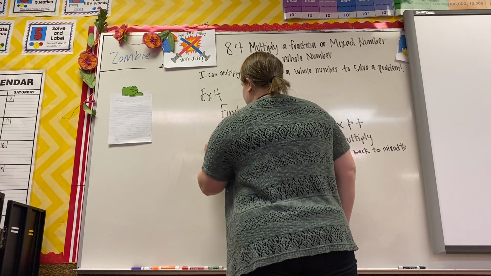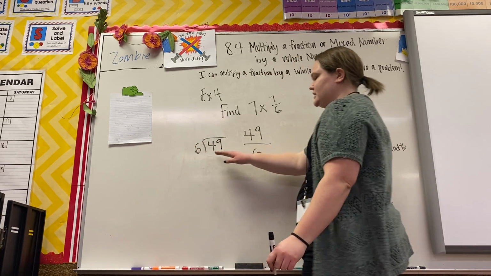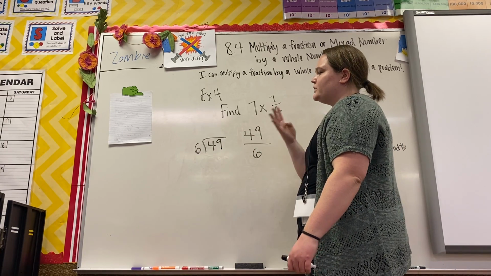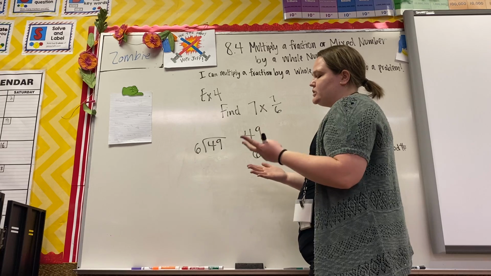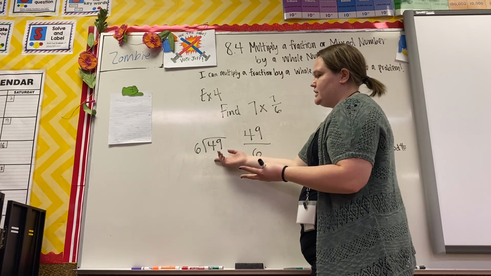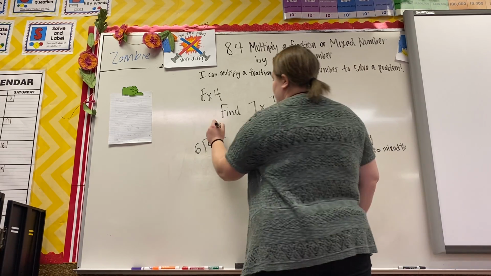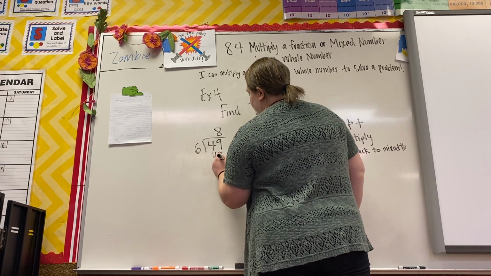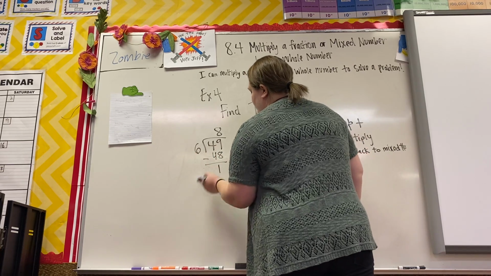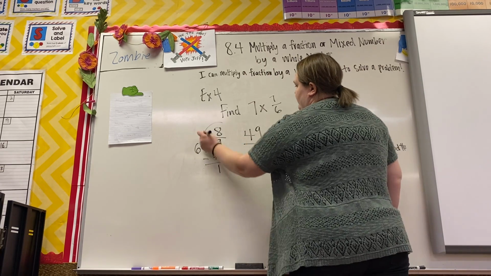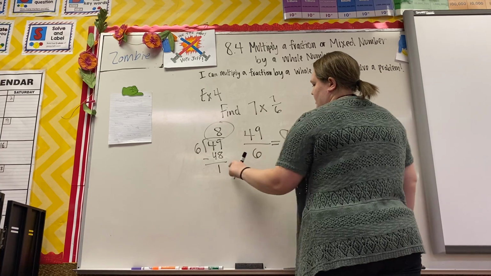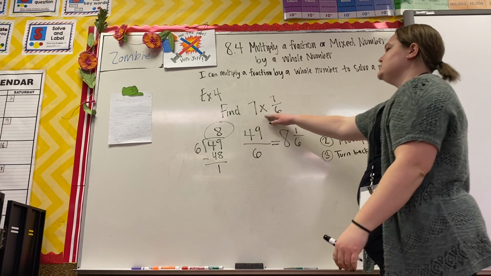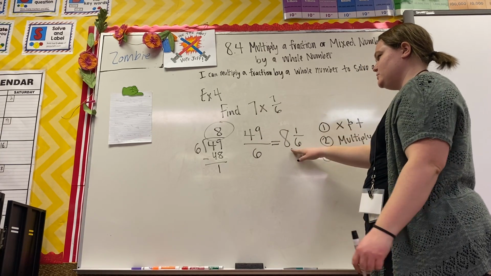So 49 divided by 6. 6 can go into 49. Well, let's see. 6, 12, 18, 24, 30, 36, 42, 48. Any higher will be too much. So 8 times. 6 times 8 is 48. 49 take away 48 is 1. And so I have 8 and 1 over 6. So 7 times 7/6 is 8 and 1/6.